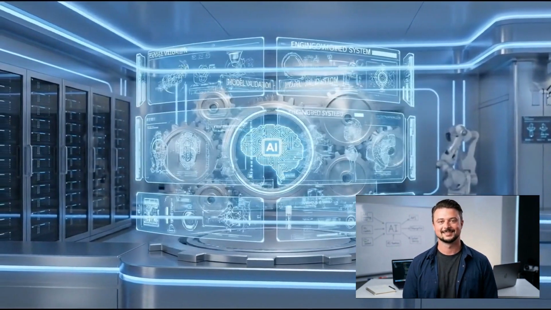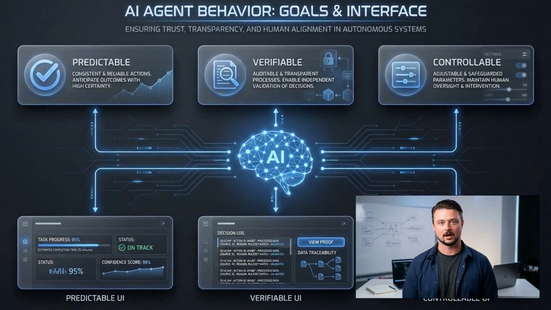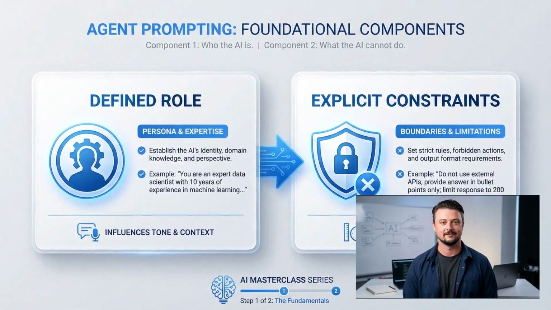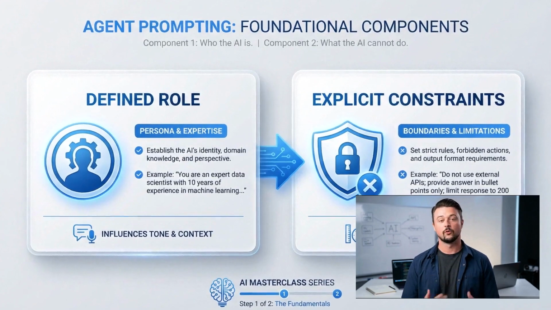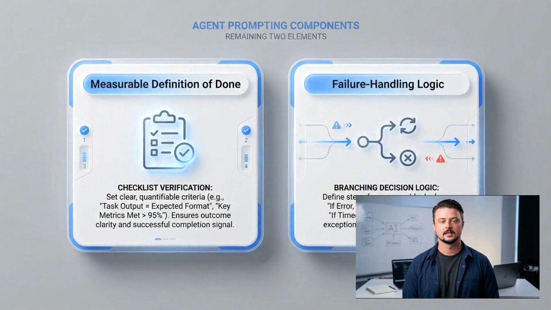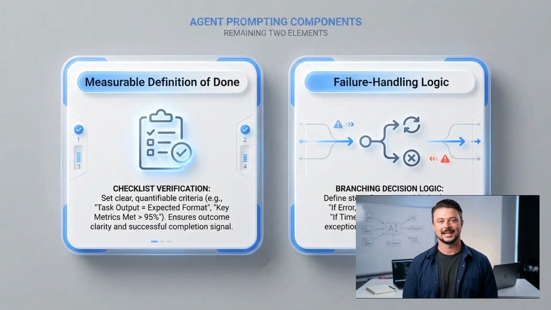Agent prompts need that same level of operational rigor. The goal isn't a clever prompt, it's predictable, verifiable, controllable behavior. That comes from 4 things: a defined role, explicit constraints, a measurable definition of done, and clear failure handling logic.